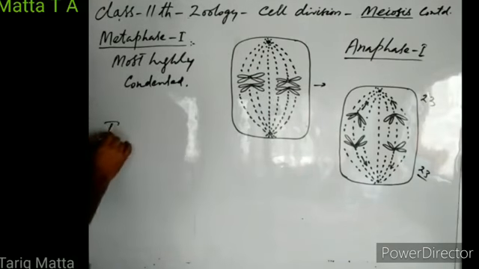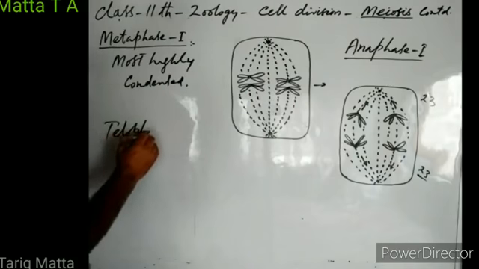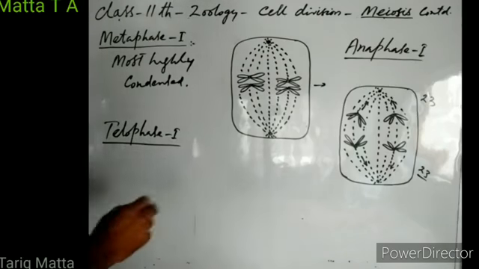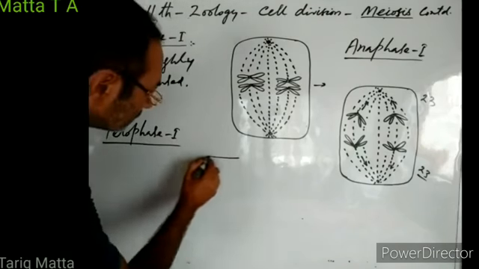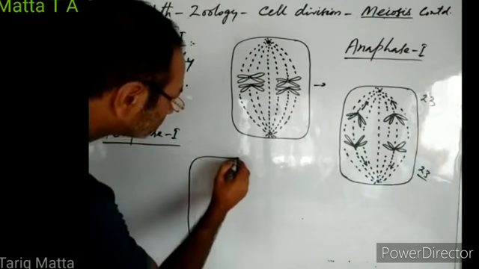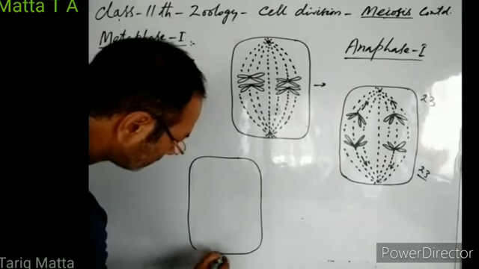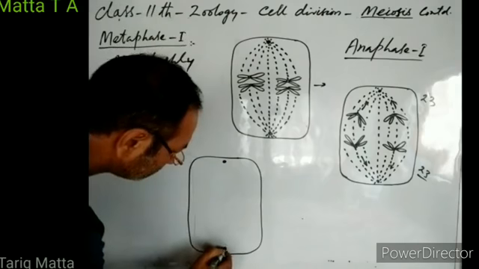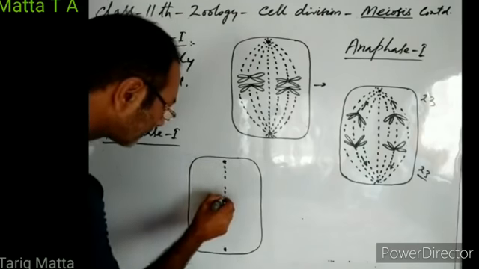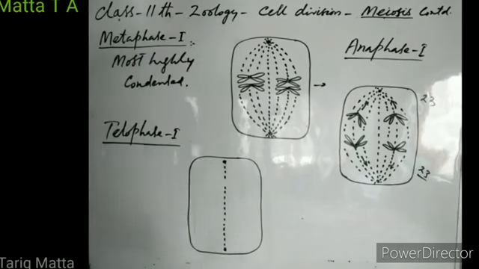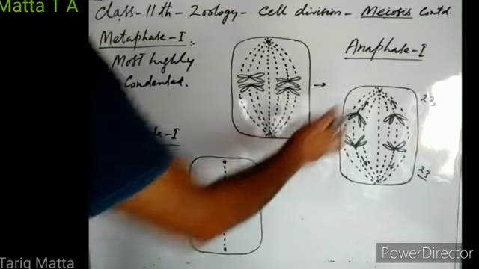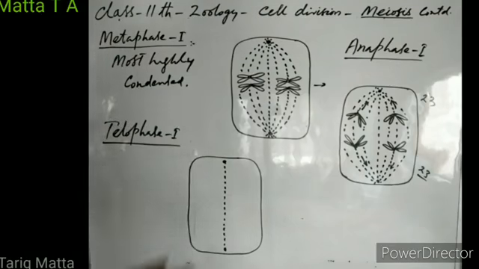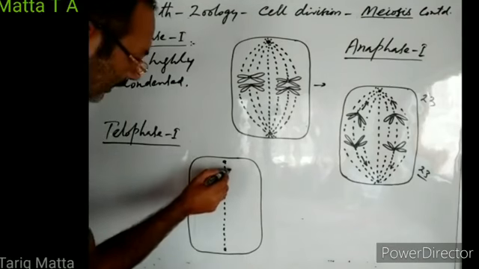Then this anaphase I is followed by telophase I. So what happens in telophase I? When the chromosomes have reached the two opposite poles of the cell during anaphase I, these chromosomes uncoil.